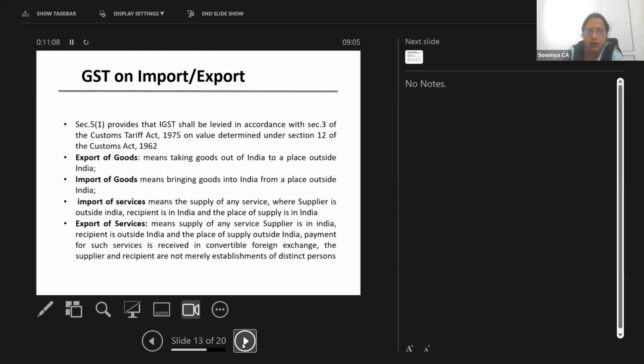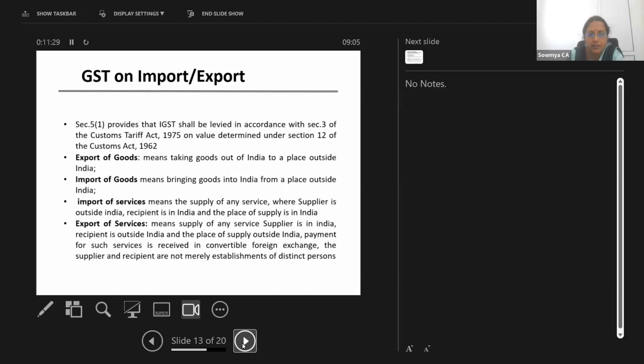Each word, India also, is defined in the IGST Act. So we need to understand the definition correctly in order to classify whether it is an export of goods or not. Import of goods means bringing into India from a place outside India. It is just a corollary of the export of goods.